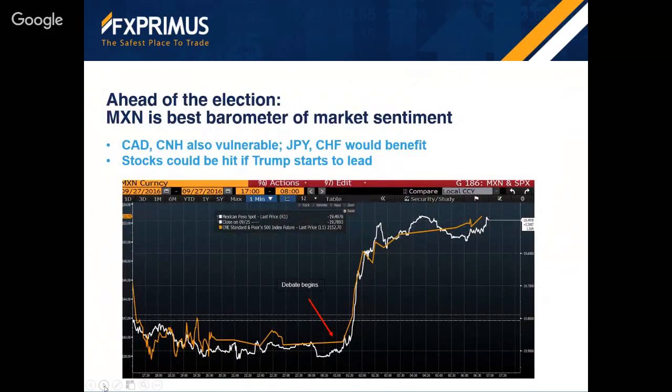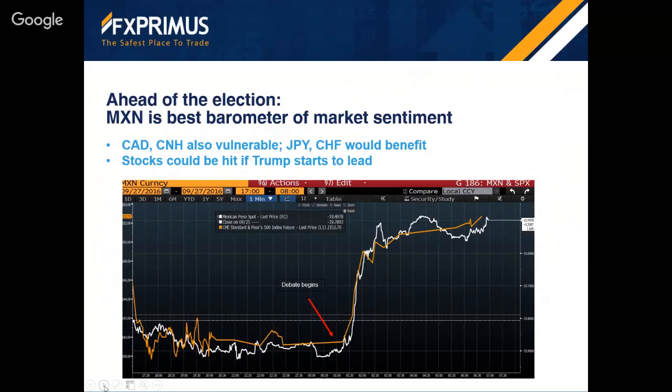For example, this graph shows the performance of the Mexican peso, the white line, and the US stock market futures, the yellow line, during the debate on Monday. You can see before the debate started at 1 o'clock GMT they're pretty even.